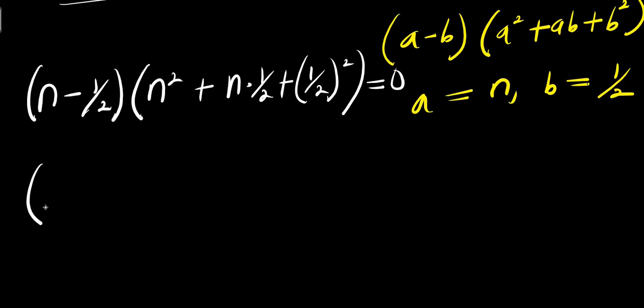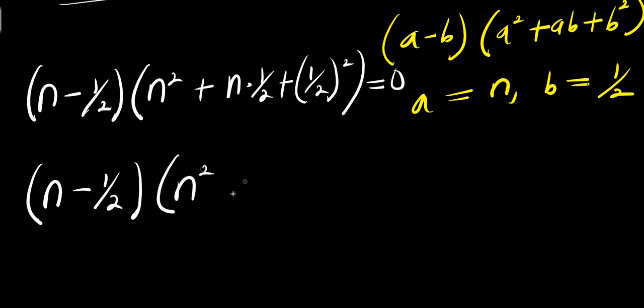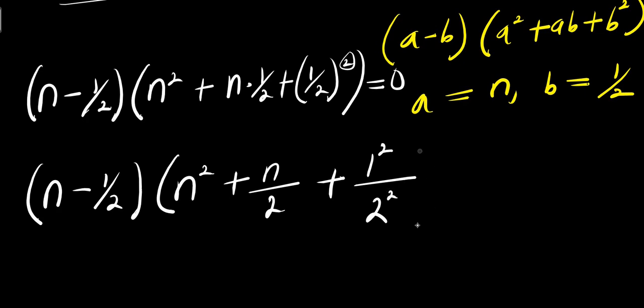Now, we simply have n minus 1 over 2 times n squared plus n over 2 plus, I can distribute this exponent to each of the terms here, 1 over 1 power 2 divided by 2 power 2, and this equals 0.